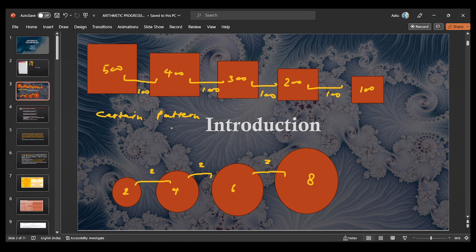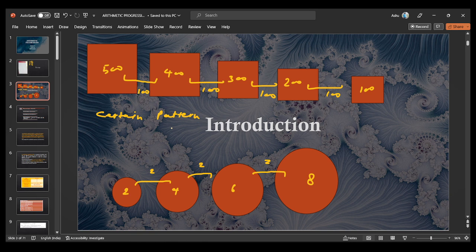If you look at the apartments of a house, you will get a clear-cut pattern.